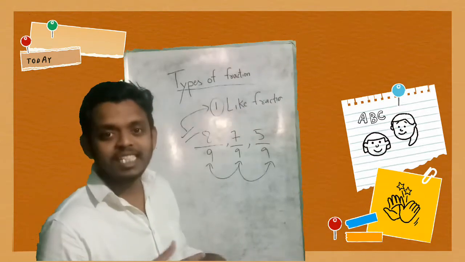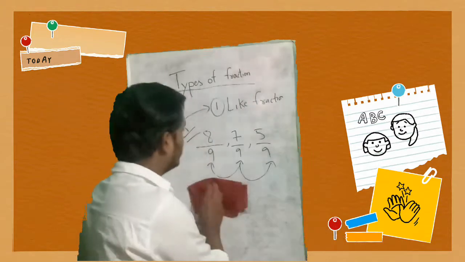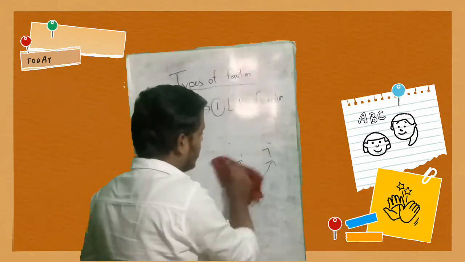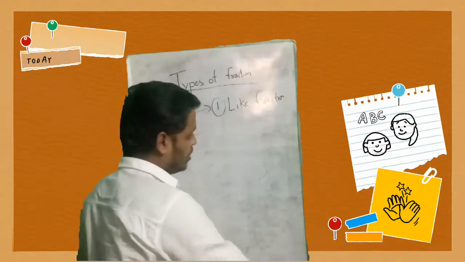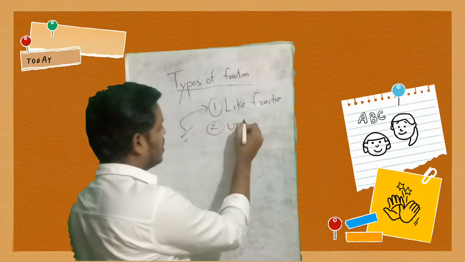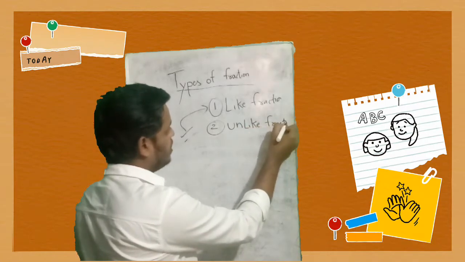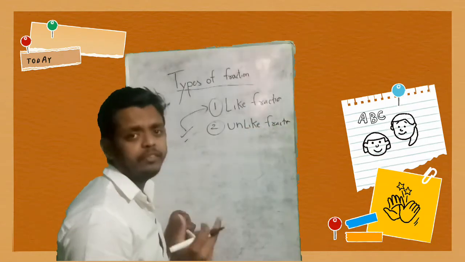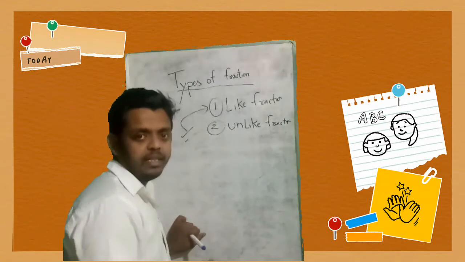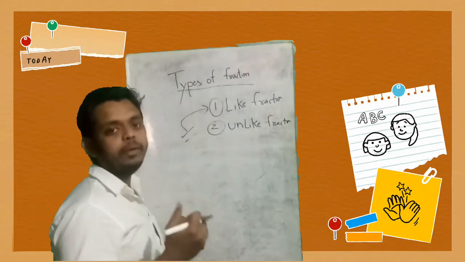Now, the next one. What is an unlike fraction? When fractions have different numerators and different denominators.